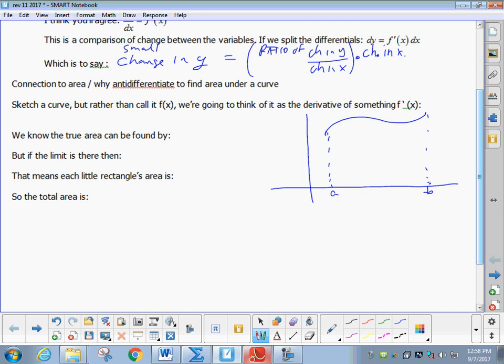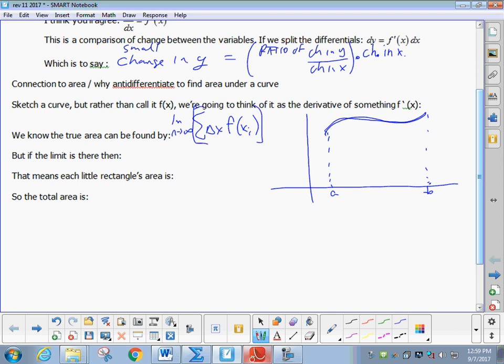Well, here's the thought process. Genius, and I'm talking Newton and Leibniz, said, all right, I can use this calculus stuff. Check this out. Rather than name this curve f of x, which I've been doing when I did the limit, when I said rectangles have width delta x, and the heights are f at some x, and I'm summing them all, and I'm taking the number of rectangles to infinity.